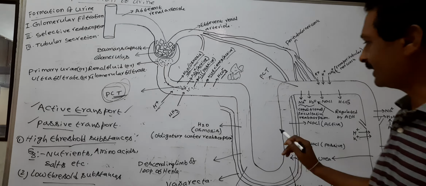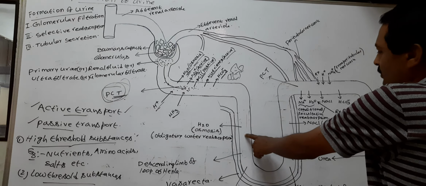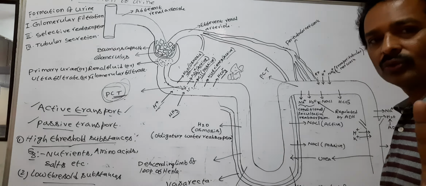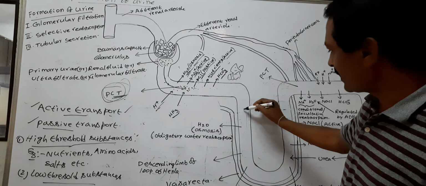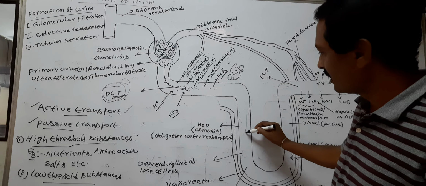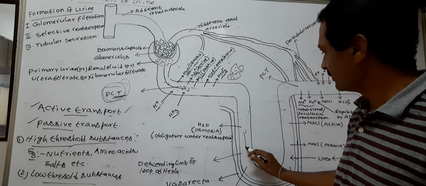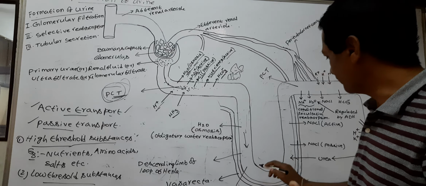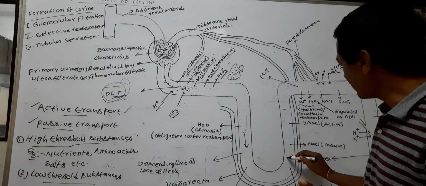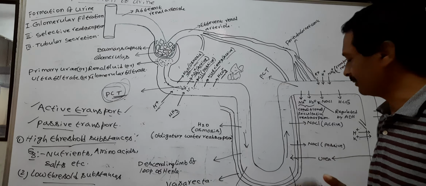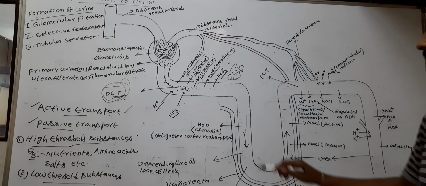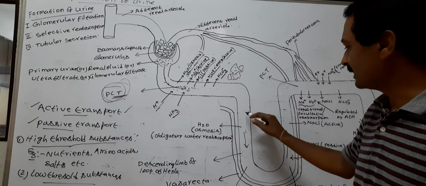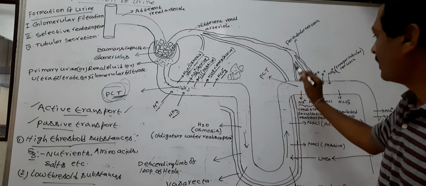Henle's loop possesses two limbs. The first limb is the descending limb. The second limb is the ascending limb.